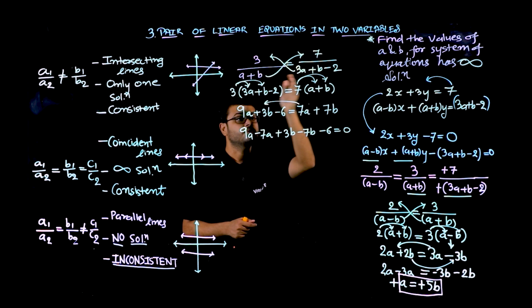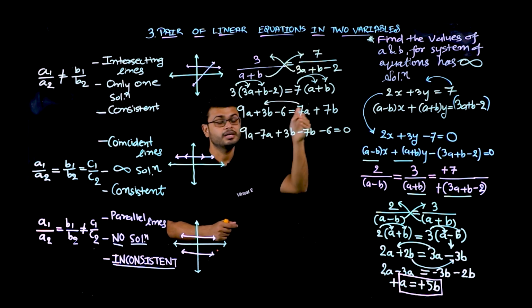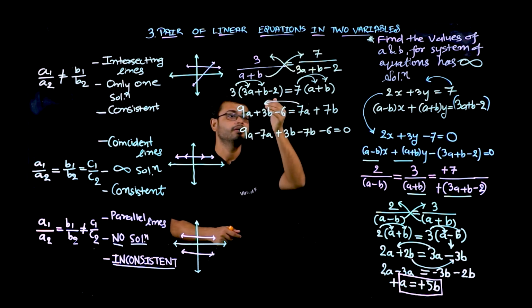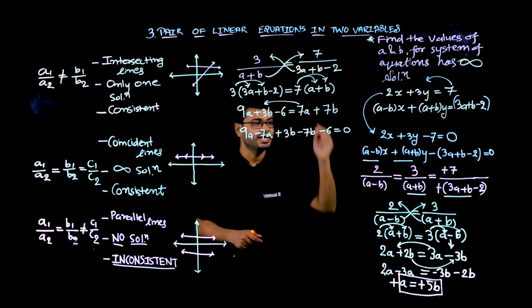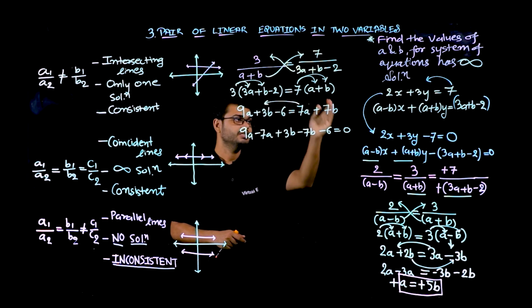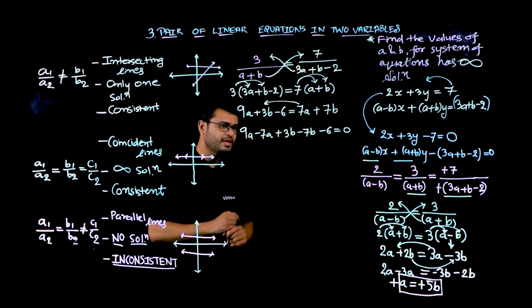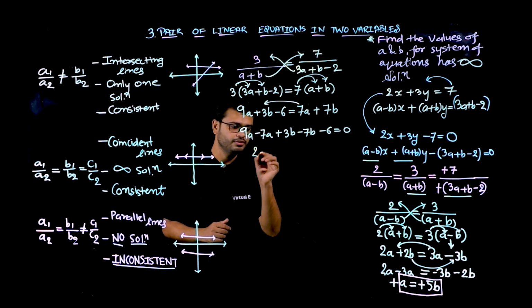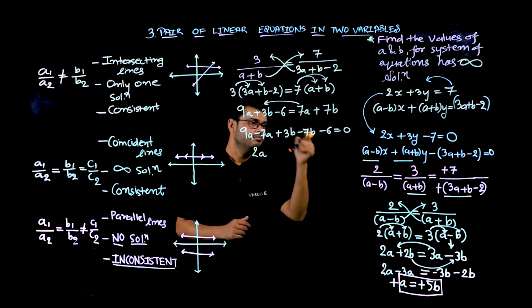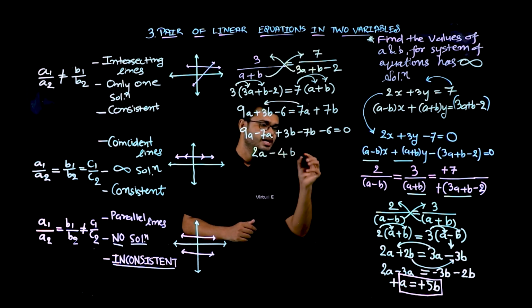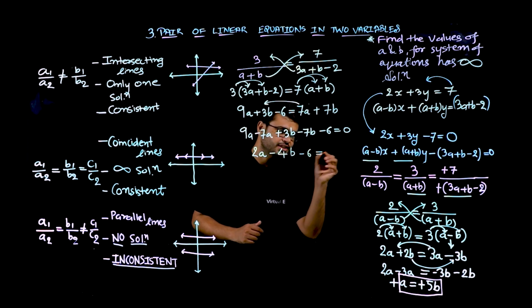I have shifted plus 7b over this side, so it will become minus 7b. Rest of the terms are as it is, and RHS is 0 because 7a and 7b are shifted. So let's simplify it. 9a minus 7a will give you 2a, 3b minus 7b is minus 4b, and here minus 6 as it is.